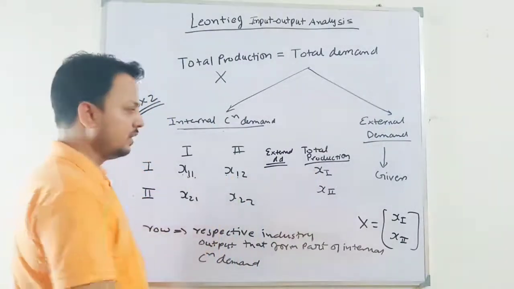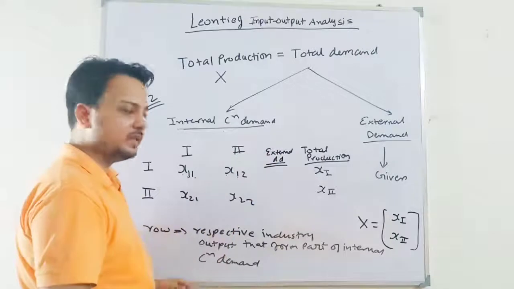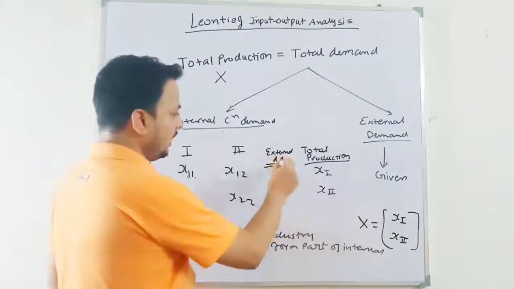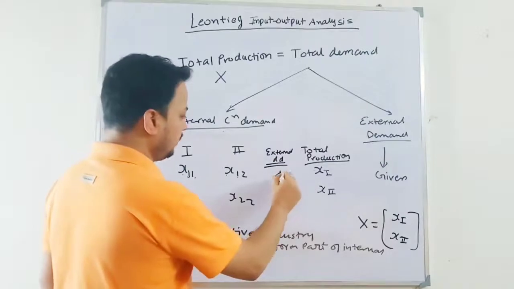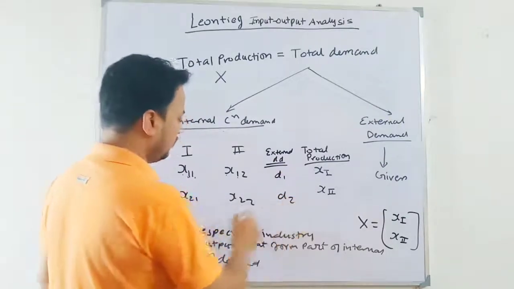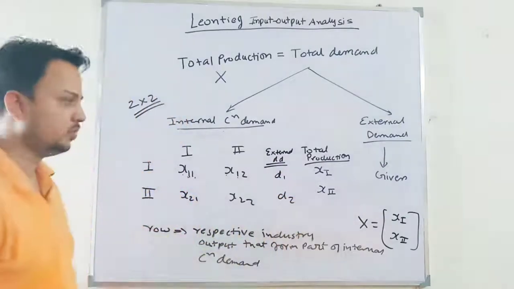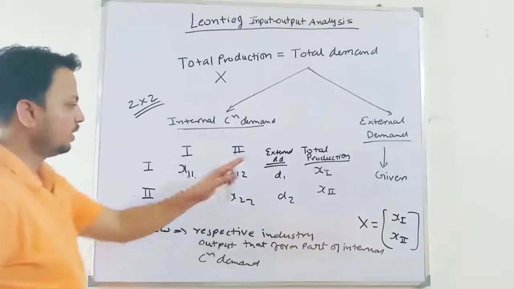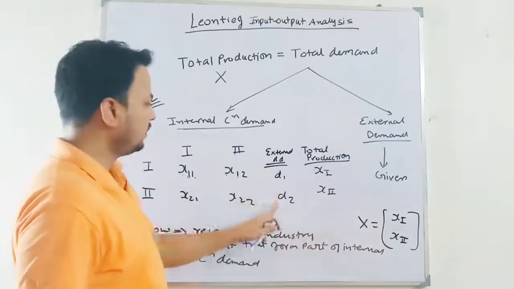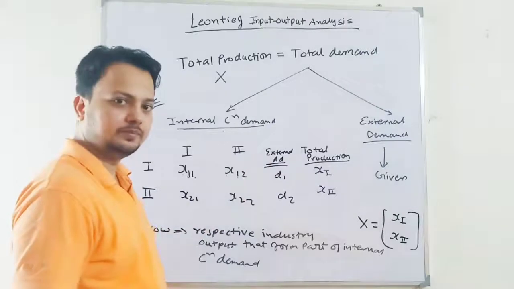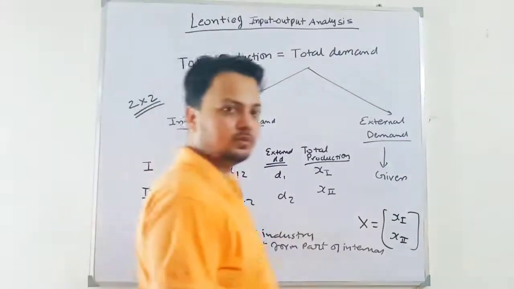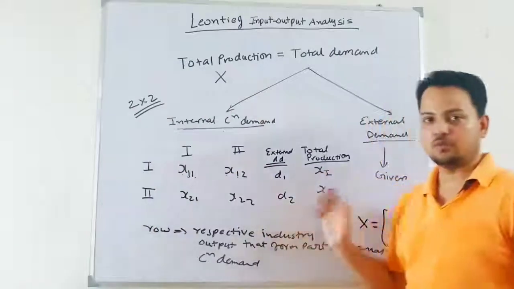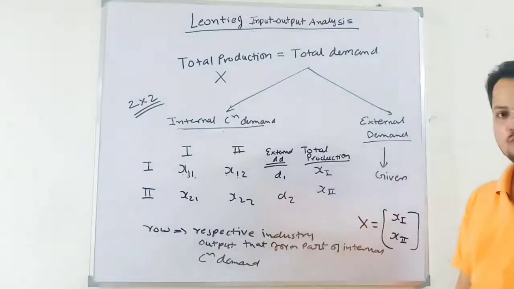If there is something positive left over, taking care of your external demand, this term will be positive, D1, and this term will be positive, D2, for the second industry also. So this model where you have positive external demand given is the open economy model, or better, the open input output model.